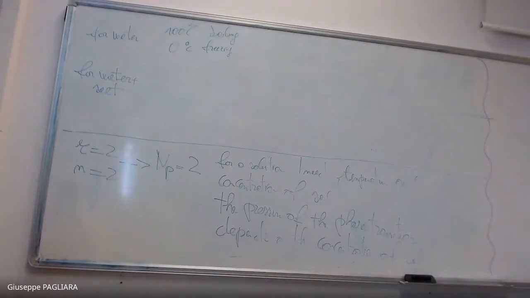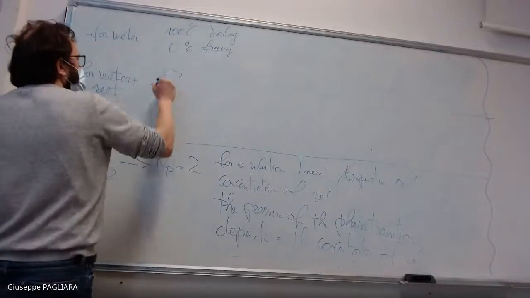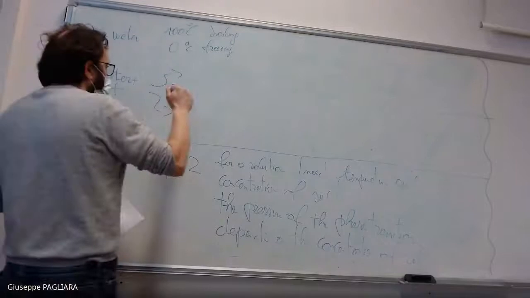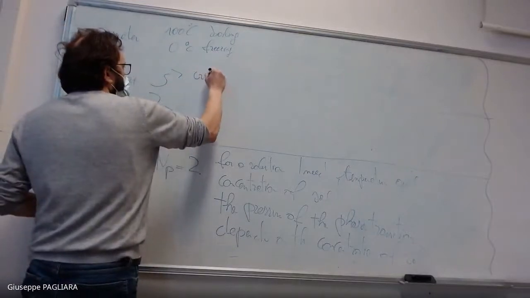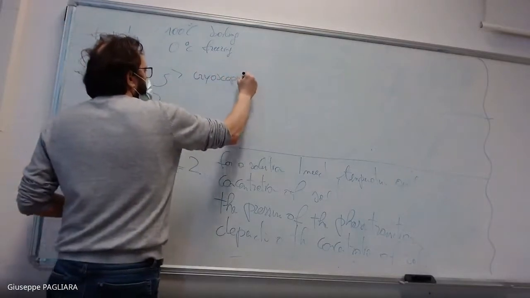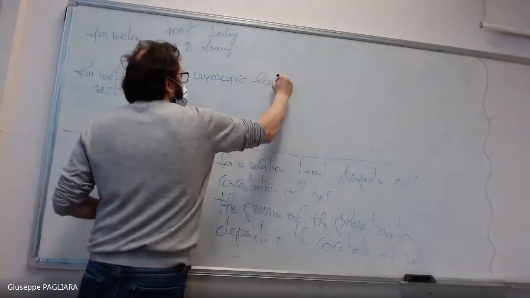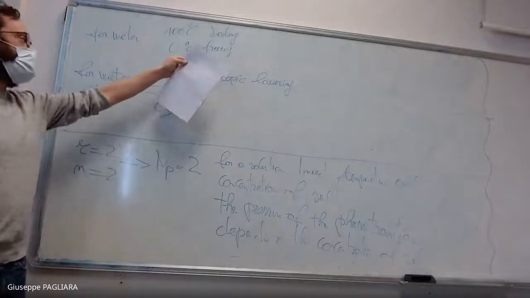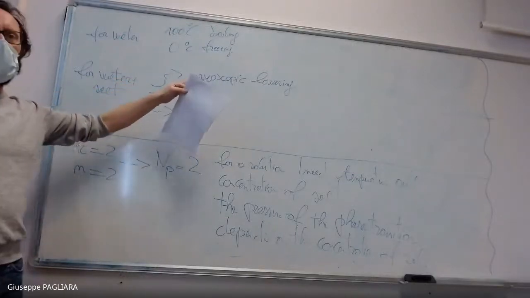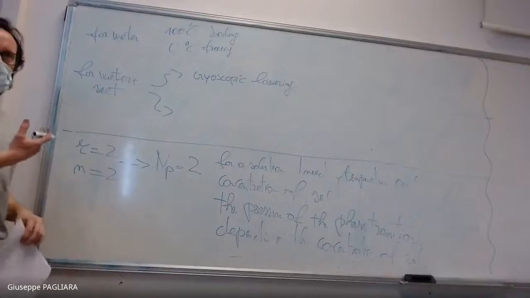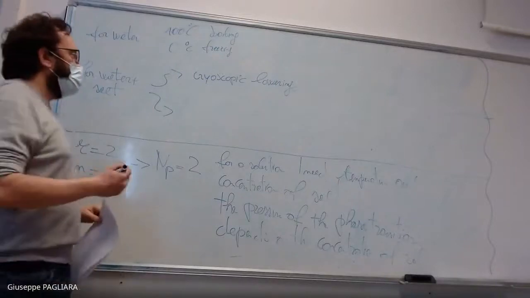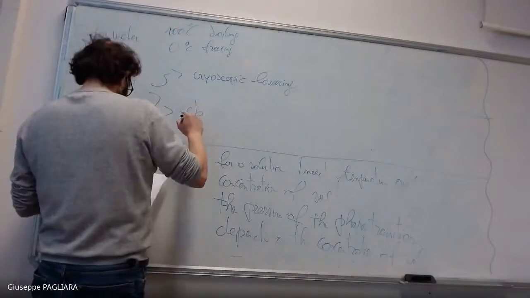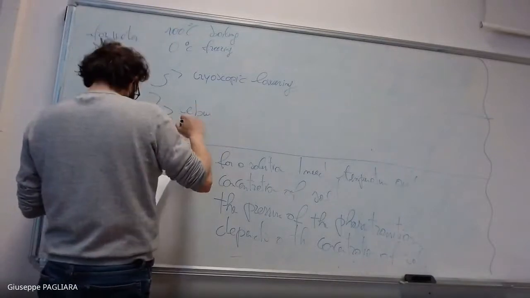And of course, actually, we know, in fact, that there is a cryoscopic lowering. So the temperature of freezing or fusion is smaller when you are in presence of a solute. Okay, and you have also an ebullioscopic elevation. I found this recently, it should be corrected.